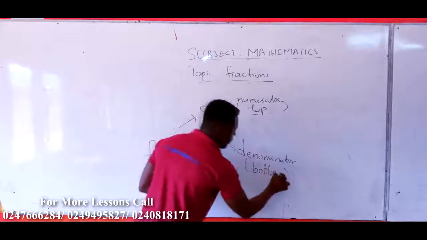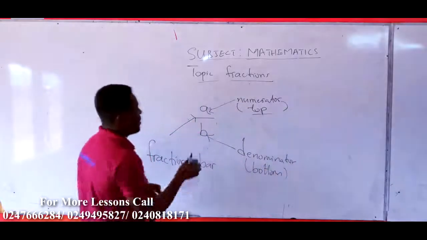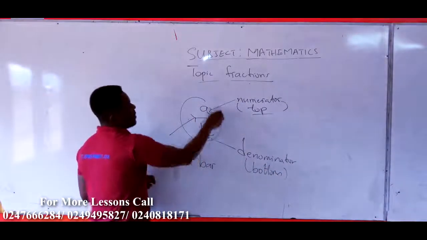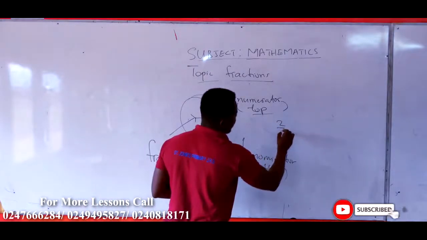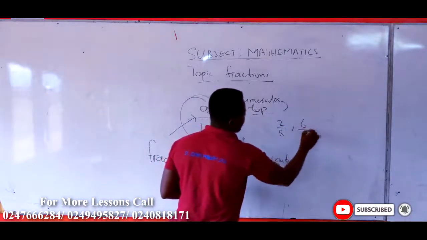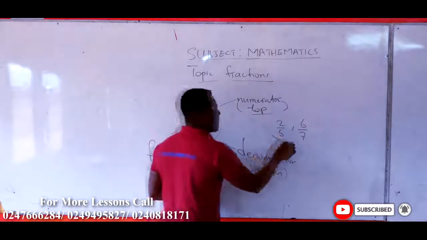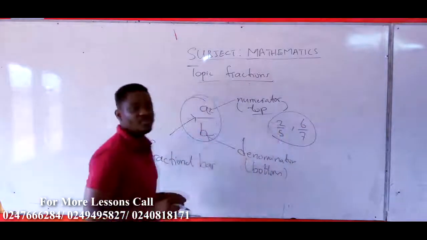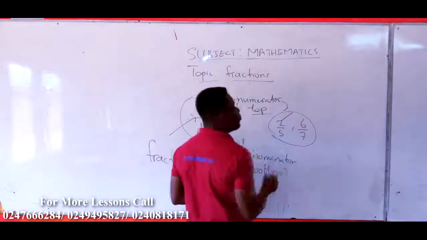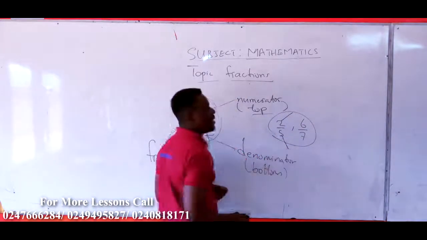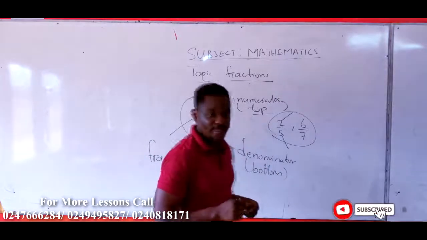Whenever you see something like 2 over 5 or 6 over 7, anything written in this form is a fraction. Like I said, the top number is called the numerator, and the bottom number is called the denominator.